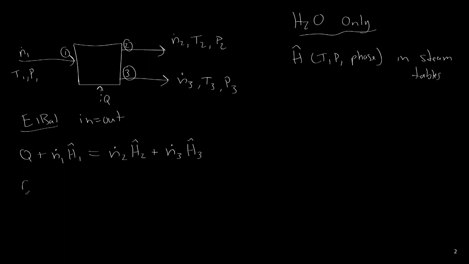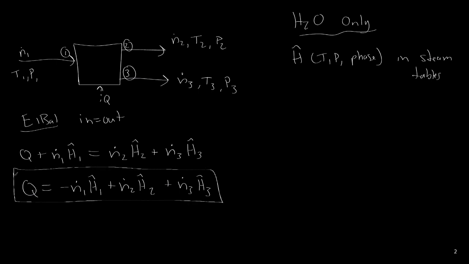What we'd like to do is rearrange this equation so that we are solving for Q, but in this case we have minus N1 H1 plus N2 H2 plus N3 H3. This is the energy balance for the process.